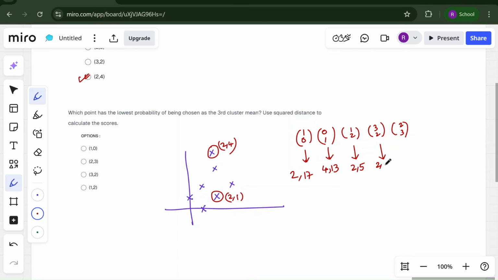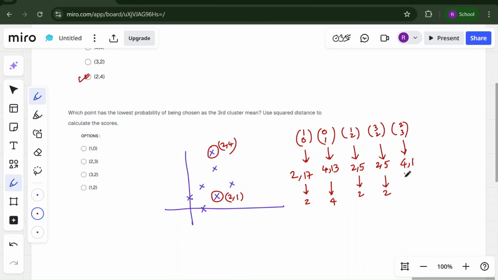Okay, 2, yeah, right. Now what you have to do is take the minimum. So for here you take 2, for here, go ahead.